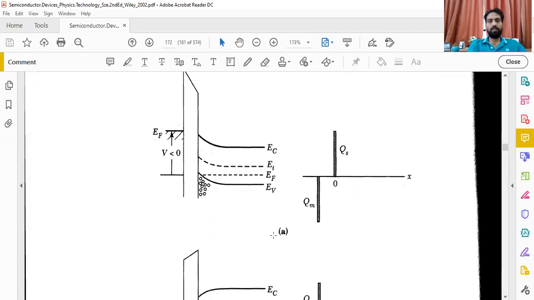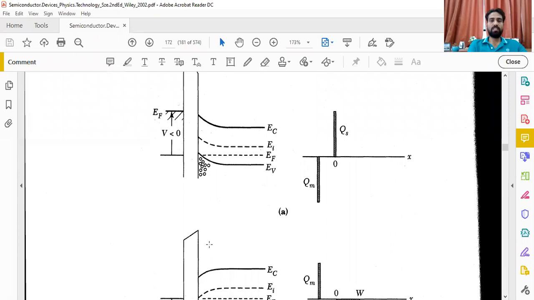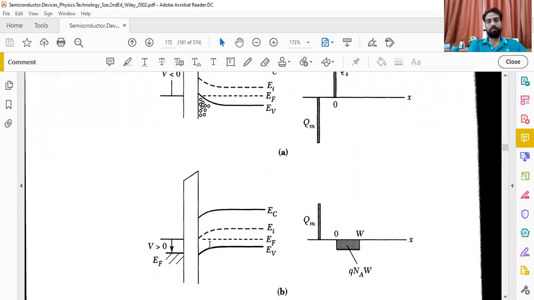You see here, E_C is rising up a little, E_V is rising up a little, this bending has taken place, and this difference between the Fermi energy level and E_i, which is the intermediate Fermi level, will be increased. So this is exactly the case being discussed up here.